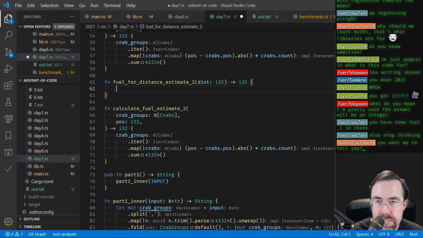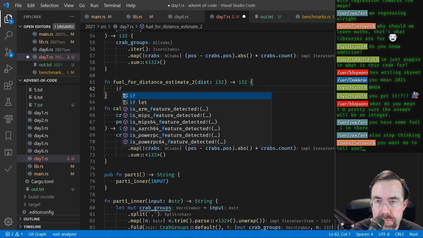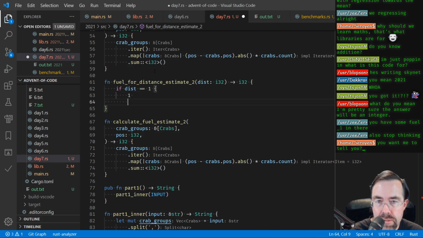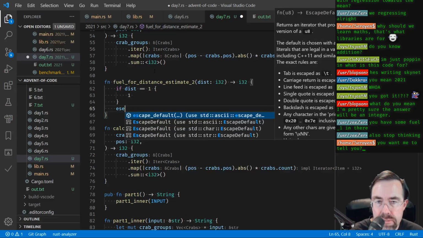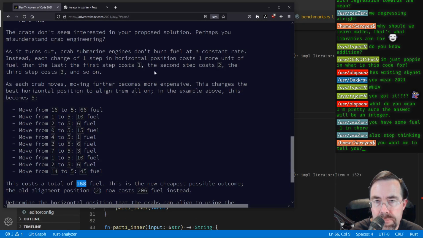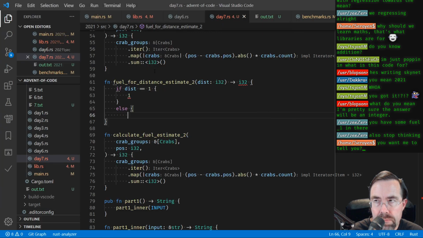So really it's if distance is 1, then it's 1. Else, actually you can just do it this way.